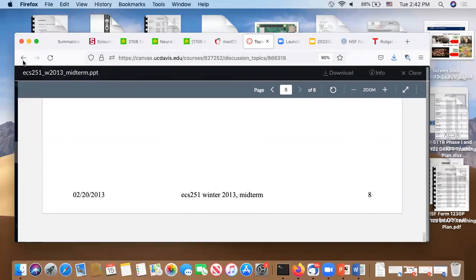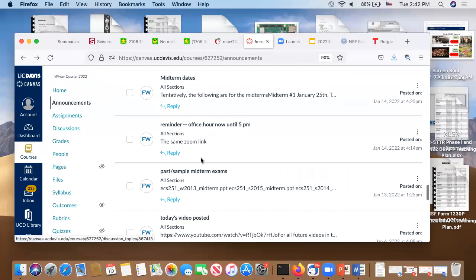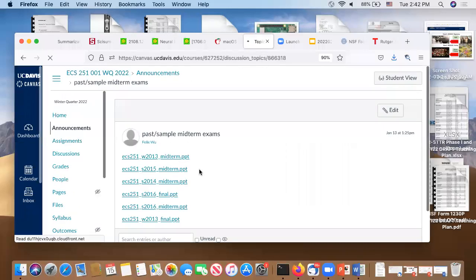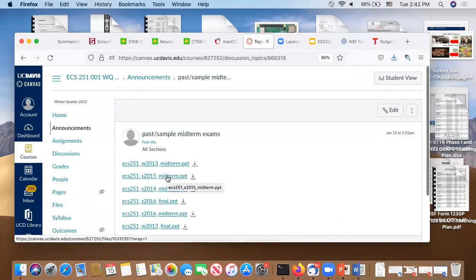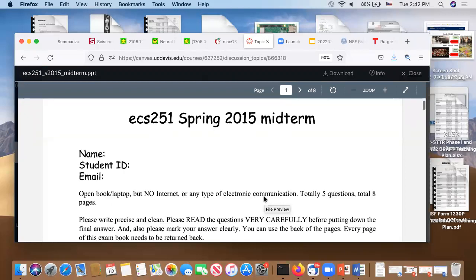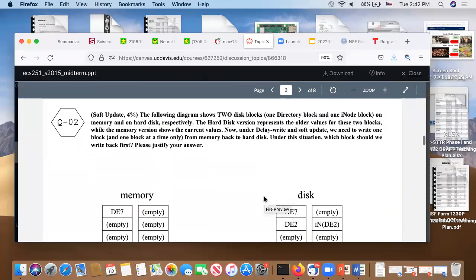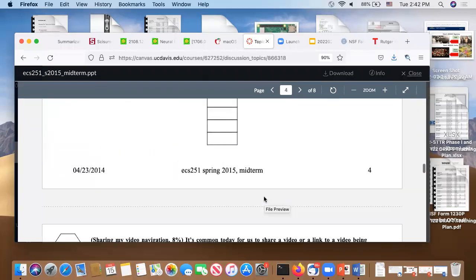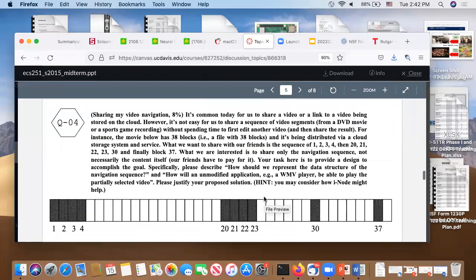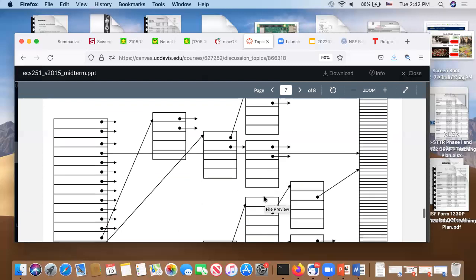FSCK, no, this one is full cover. This is about file system, so don't worry about that.